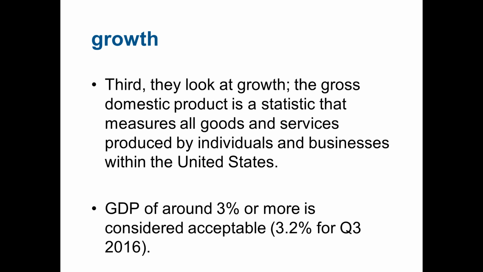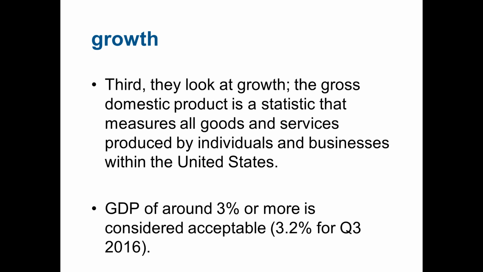And the final economic measure that we're going to be talking about is growth. So when we say growth in the economic context, we're talking about how much production is changing in the overall economy. So, adding up the entire amount of goods and services produced in the economy, is it going up? Is it going down? What is it doing?